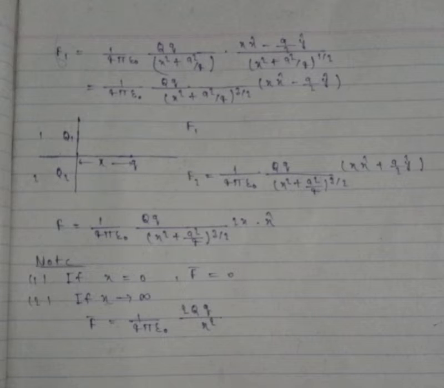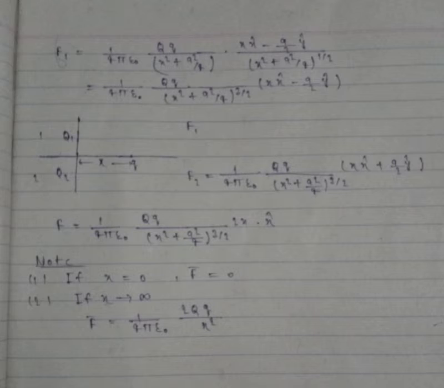So, that my final answer in this case is 1 over 4 pi epsilon 0 q over x square plus a square by 4 to the 3 by 2, which is nothing but the distance raised to the power 3, times the vector x minus a by 2 y.